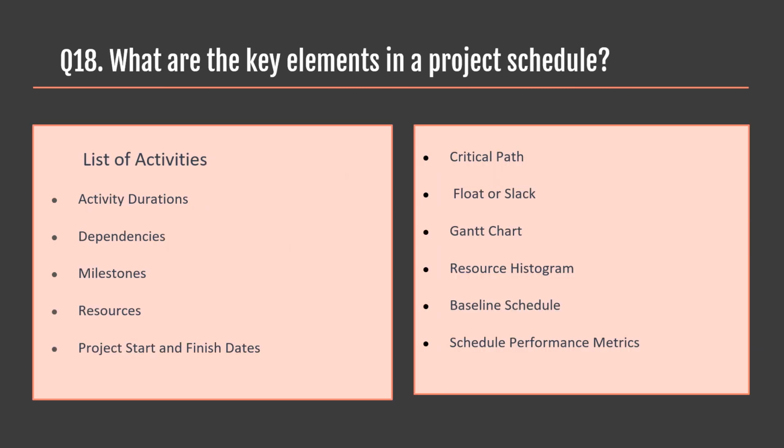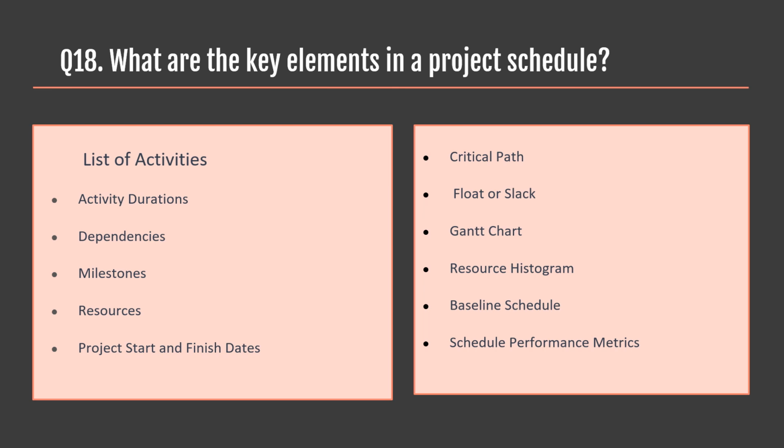Question number 18. What are the key elements in a project schedule? The key elements in a project schedule are essential components that provide crucial information about the project's timeline and sequence of activities. These elements ensure that the project progresses in an organized and structured manner, facilitating effective planning, execution, monitoring, and control.